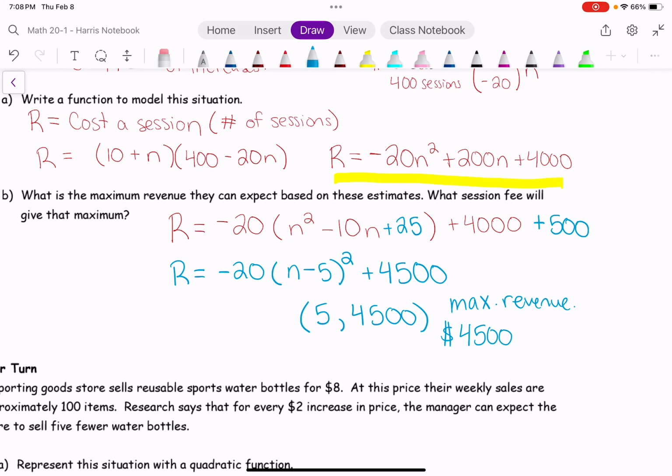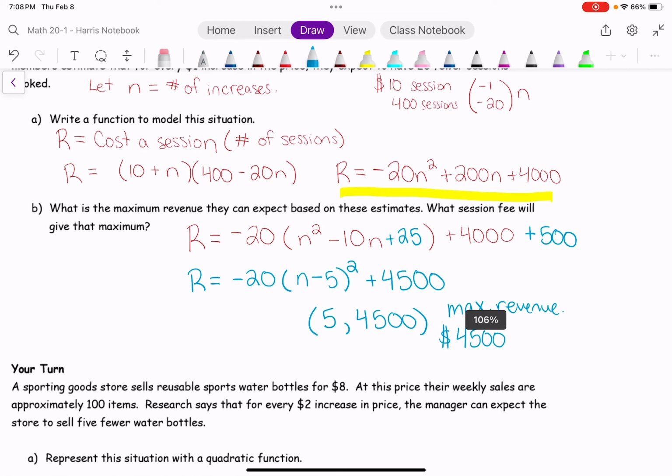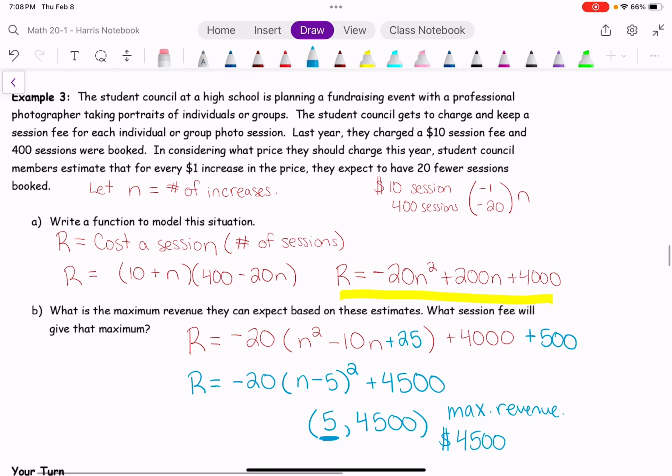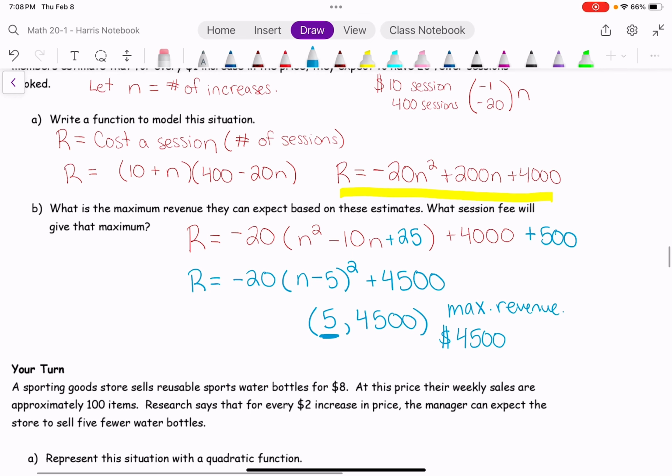Sorry, I was just reading what the actual question is saying. It's telling me here that it's 5, but that counted for the number of increases. So that means that it's 5 increases, and each increase was $1. So that's 5 plus the original 10. So my maximum revenue is going to be $4,500 when it's $15 a session.